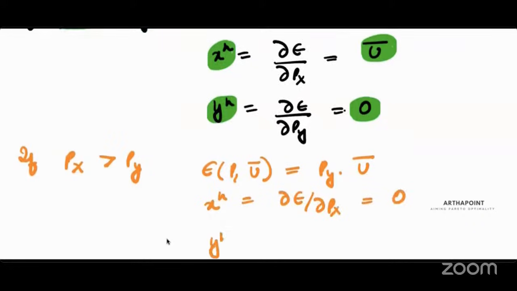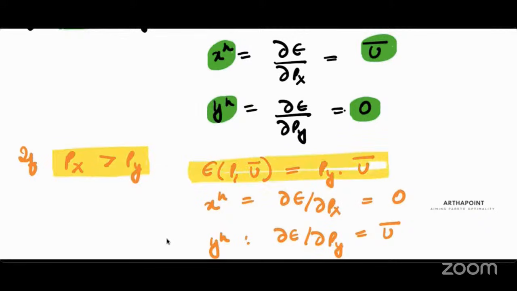And your Yh will be how expenditure changes when Py changes, which will be U bar. So when Px is greater than Py, then min of Px and Py is Py, then your expenditure function is Py into U bar, and your Hicksian demand is 0 and U bar respectively.